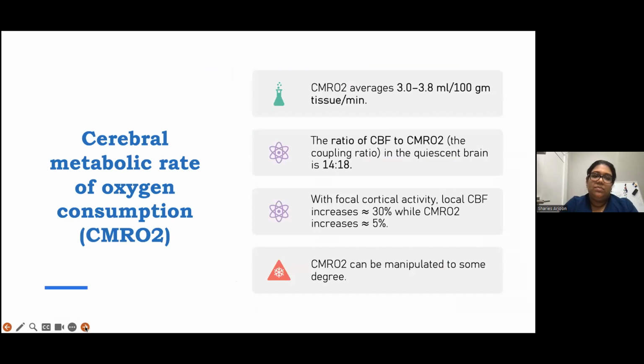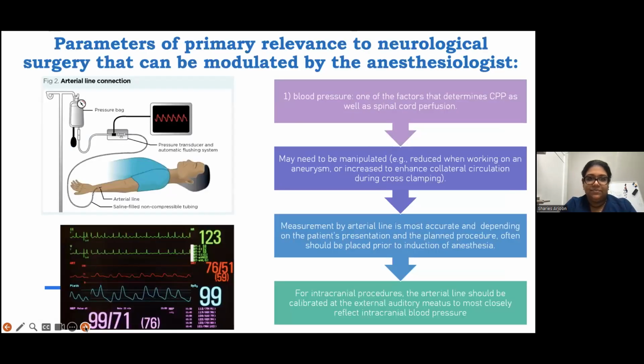Moving on to cerebral metabolic rate of oxygen consumption, this averages 3 to 3.8, and the ratio of cerebral blood flow to metabolic rate of oxygen consumption, the coupling ratio, in a sense, is 14 to 18. With focal cortical activity, local cerebral blood flow increases approximately 30%, while the cerebral metabolic rate of oxygen consumption increases approximately 5%. And this can be manipulated, as we will discuss later on.